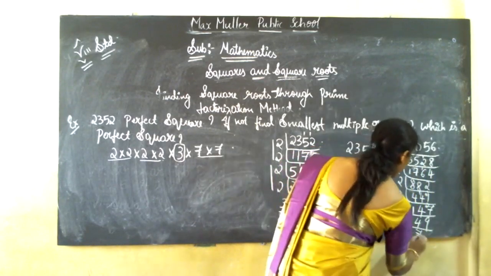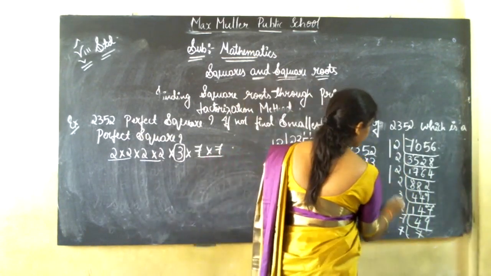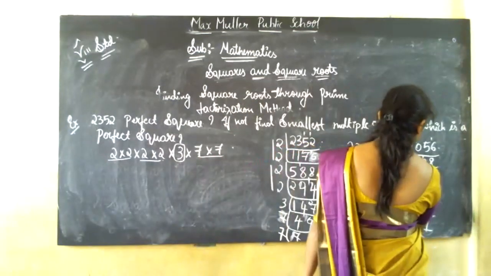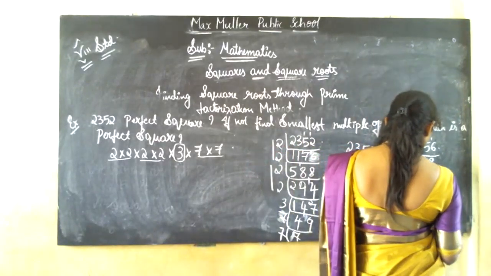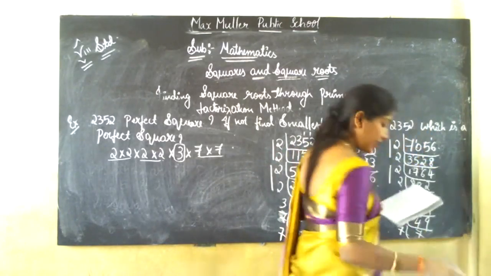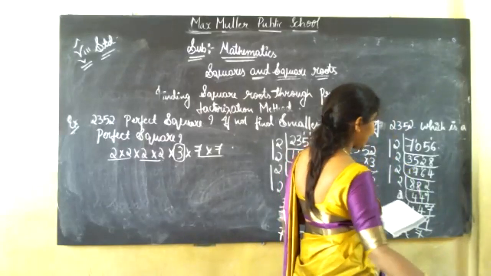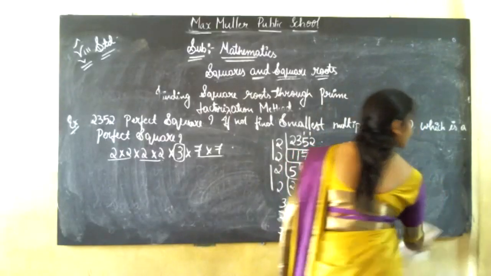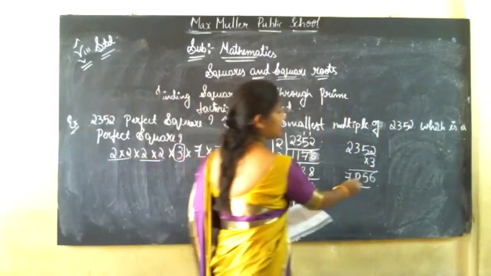So better go for, see here, now here 2, 2, and here again if you multiply for 3 you will get here 2. By 2 only you can divide here. So here you will be getting 7056.